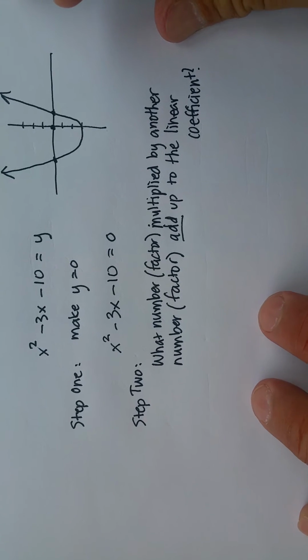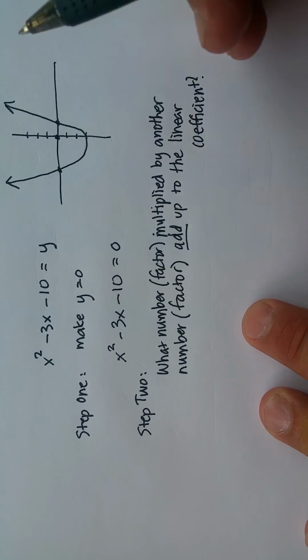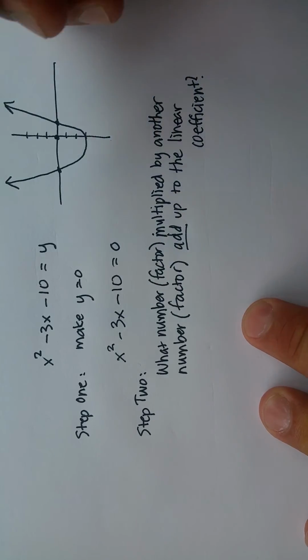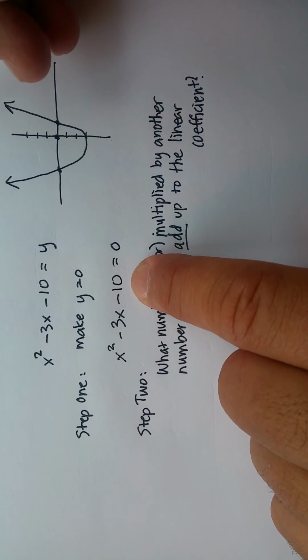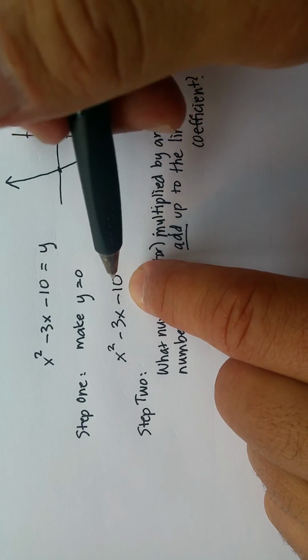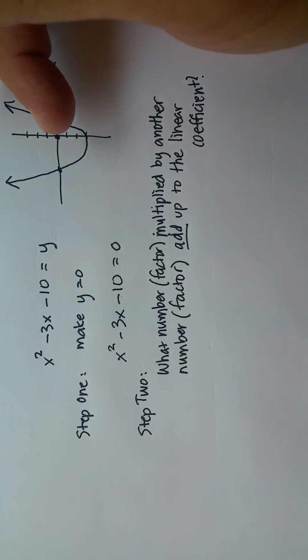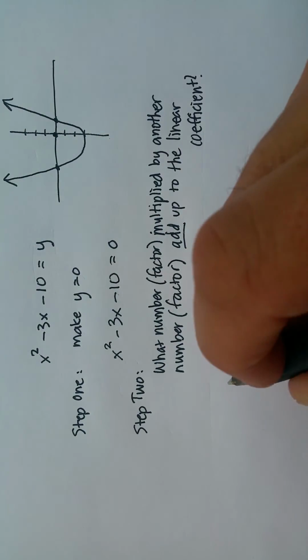Okay, now we need some terms in here, don't we? You're always going to go to the constant, the -10, the last number, and ask yourself what times what equals -10. But when you add those two factors, you get -3. So what we have to do is factor -10, right?